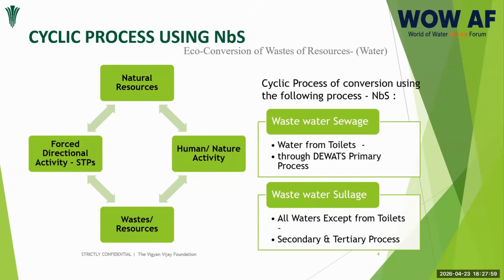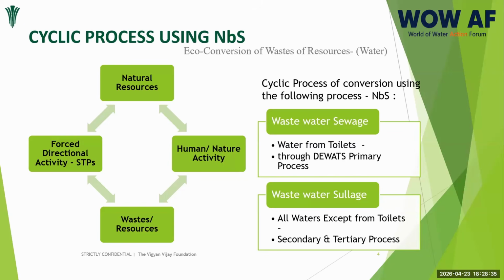Then the water returns to a fairly clean and clear stage, not as pure as rainwater, but you can fairly keep it for secondary and other uses, so that conservation of water is possible. And on the right hand side, I have the same process explained in a flow chart. Cyclic process, a conversion of naturally based solutions.